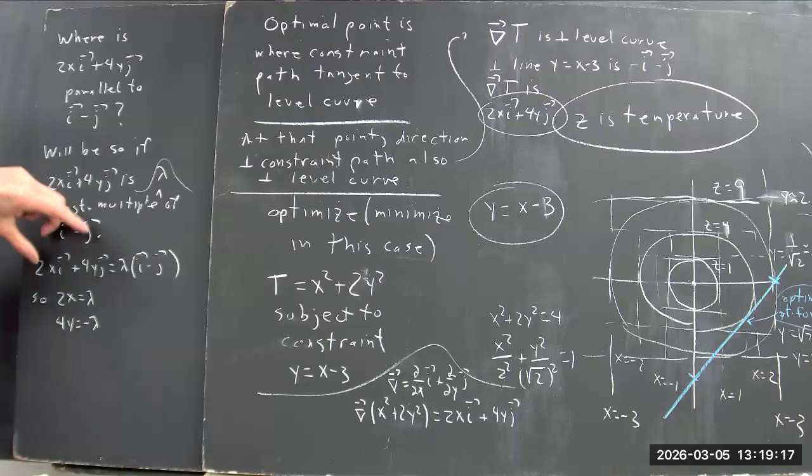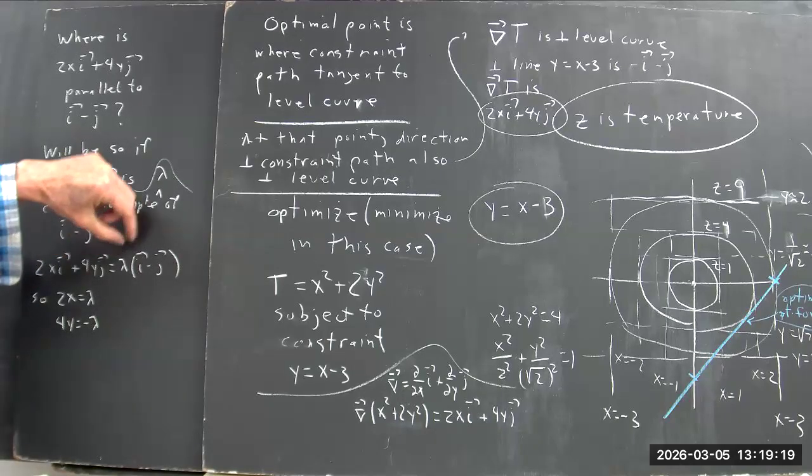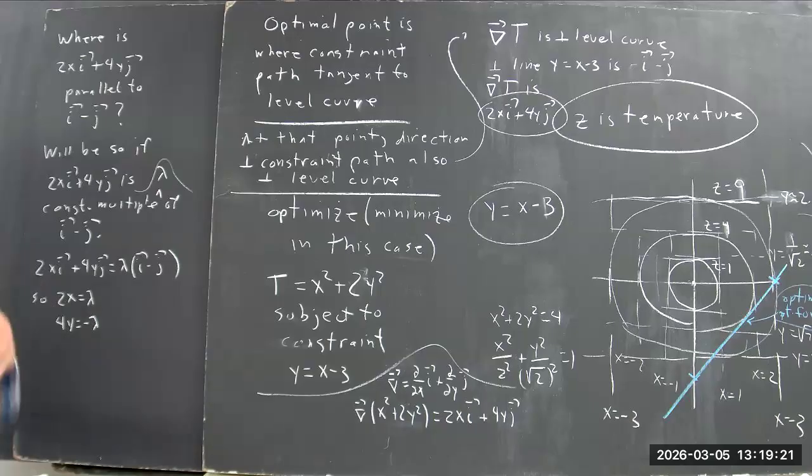You can write that as the gradient equals lambda times the perpendicular to the constraint path. That means it's a constant multiple. Lambda just happens to be a multiplier. It's an arbitrary symbol that everybody in the universe uses. I think they even use it in the Andromeda galaxy.